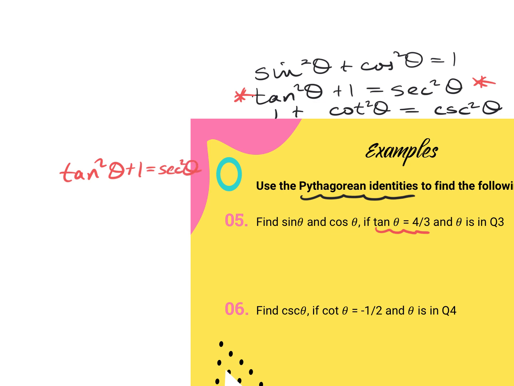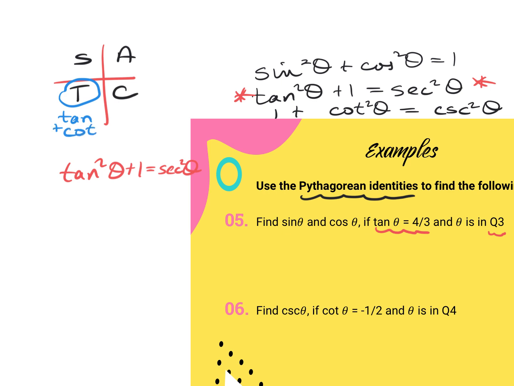Now, also notice the restriction. They're telling me that theta is going to be in quadrant 3. So this is where my "all students take calculus" comes into play. Now remember, in quadrant 3, the only positive functions are going to be tangent and cotangent.